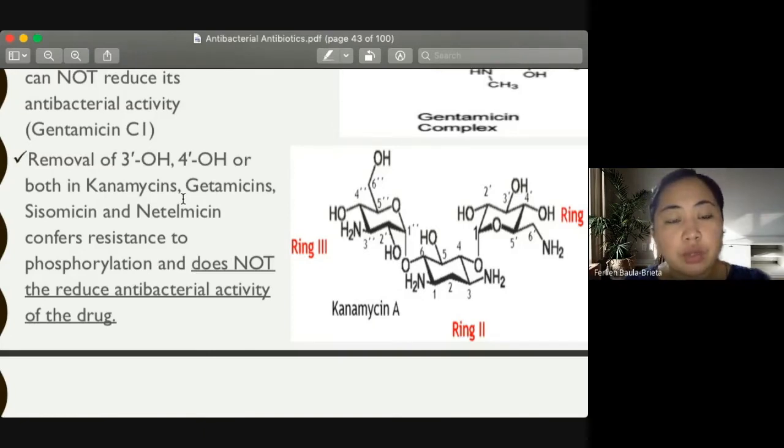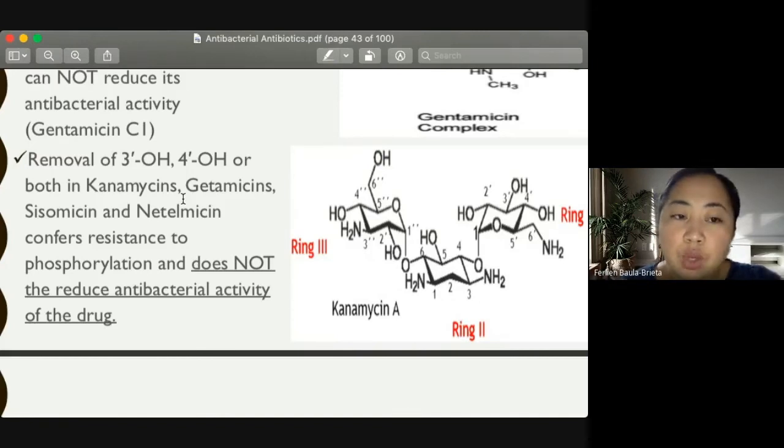This one, the removal of your 3-hydroxy and 4-hydroxy confers resistance against phosphorylation and does not affect antibacterial activity of the drug.